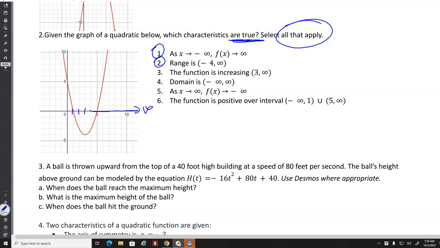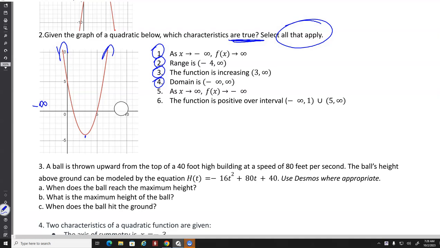If I make a line right here from 3, the function is increasing. That is correct. This function is going to keep spreading wider and wider to positive infinity. The domain of the function is negative infinity to positive infinity. That is also a correct statement, because again, this function is going to continue to spread from the negative side to the positive side.